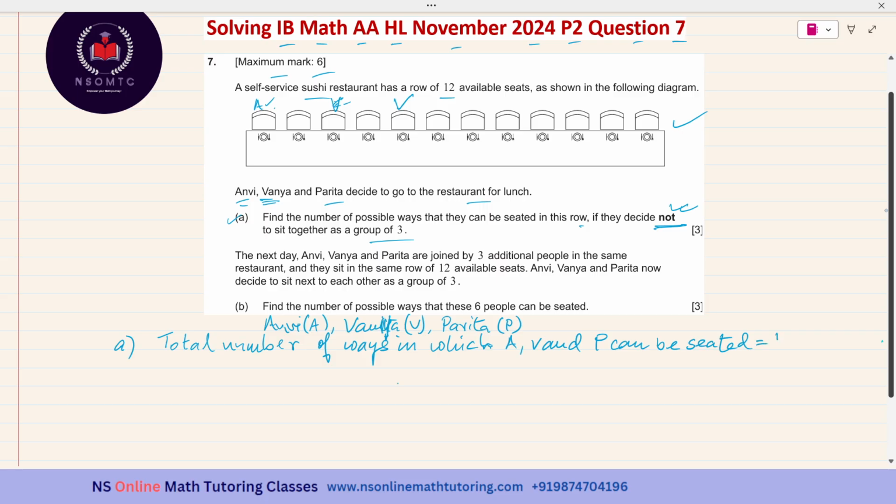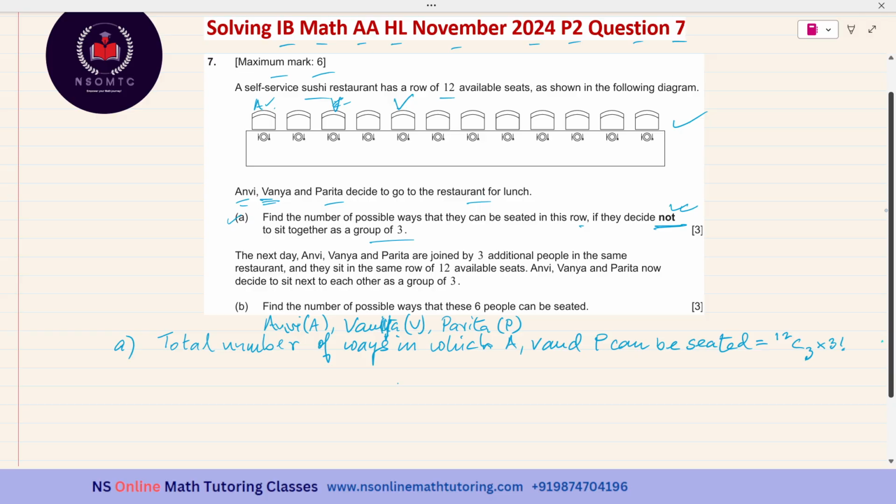So out of the 12 seats that are available, we need 3 of them. So it is 12C3. And after we grab 3 seats, there comes the arrangement question: where will each of these 3 people sit? So there is the arrangement, which is 3 factorial.